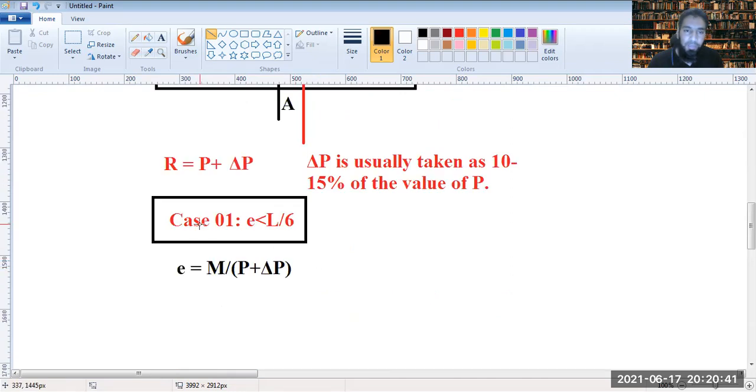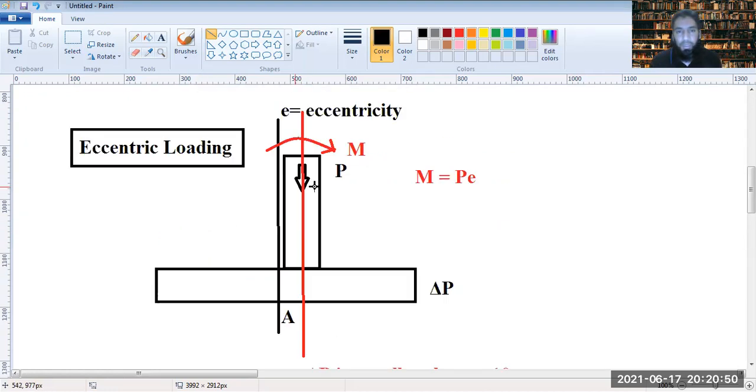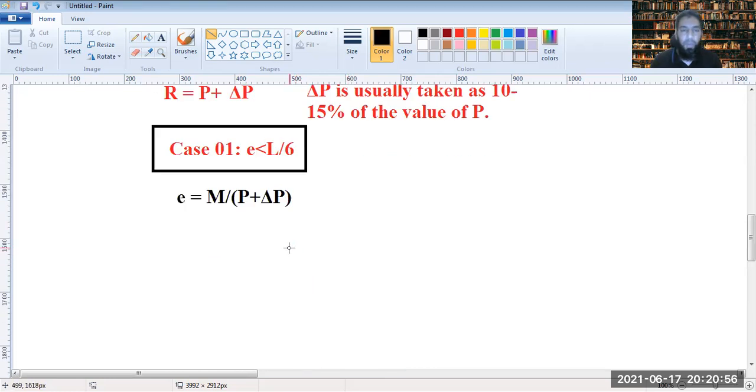But now here two cases would arise. Case one, where the eccentricity is less than L by 6, meaning you have the low eccentricity, at one-third of the way from the center. So now, why do we take it at L by 6? That we'll come to know during this discussion.